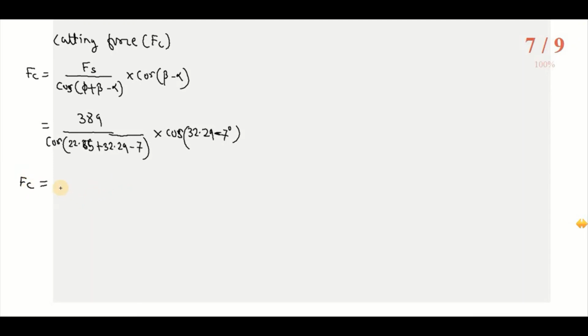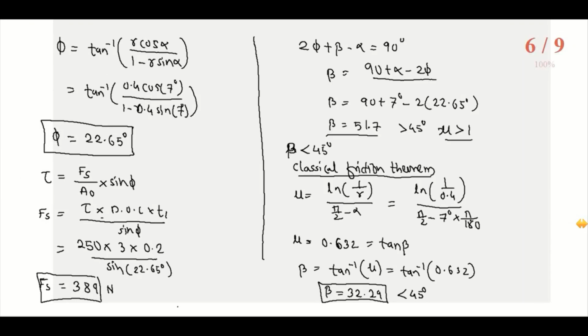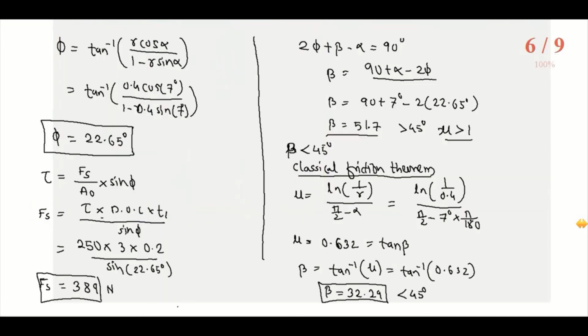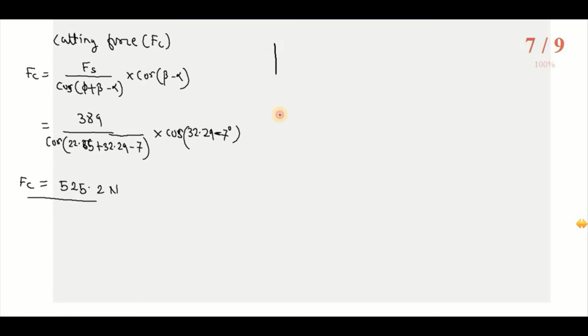Here we are getting the cutting force value as 525.2 Newton. If you see the options, the first option will be correct, because we got 525 Newton.